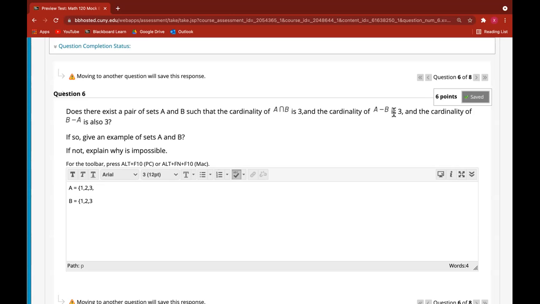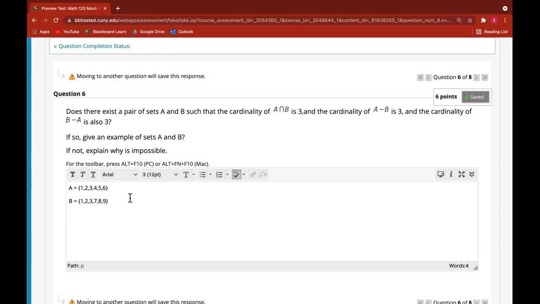Now A minus B equals 3. That means there exist 3 elements that A has that are not in B. So we have 4, 5, 6. Now B minus A is also 3. That means B has 3 numbers that do not belong to A. So we cannot use 4, 5, 6, since they can only have 3 numbers in common. Then we can do 7, 8, 9.